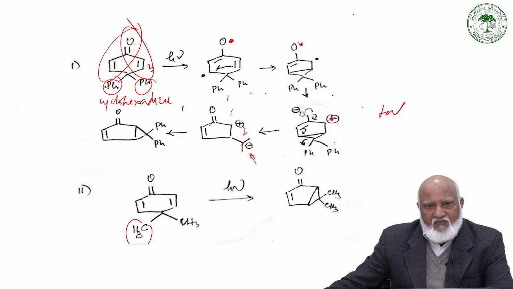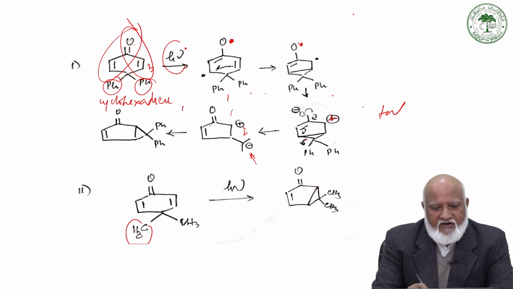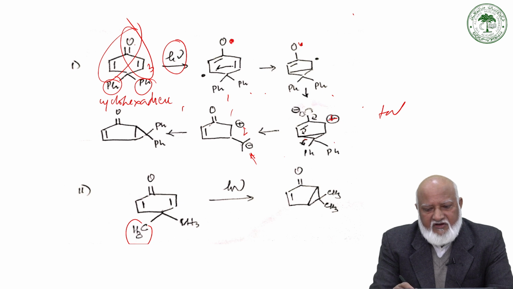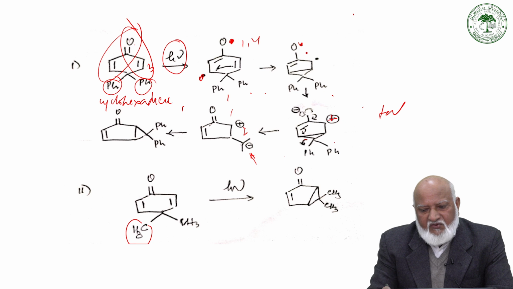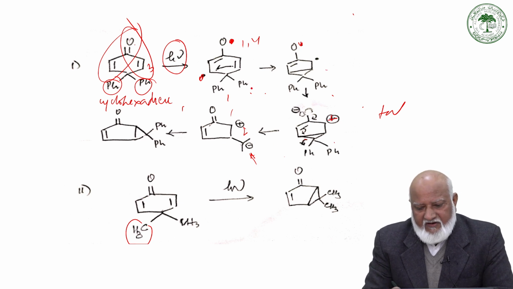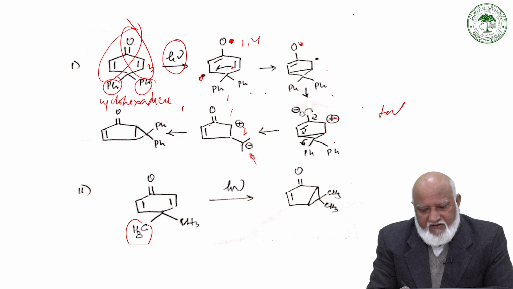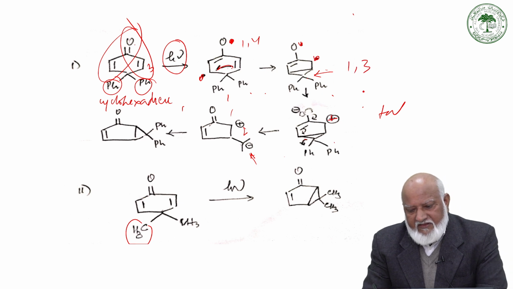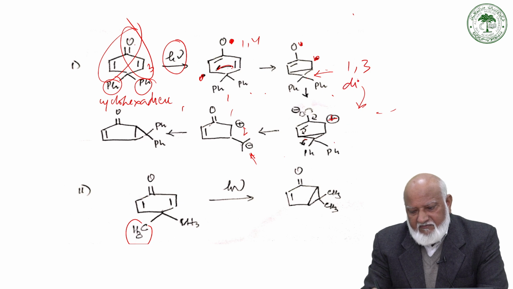Under photolytic conditions, as usual, we have the 1,2 and then 1,4 diradical, and then transforming to another diradical, or through a ring contraction there is a formation of a cyclopropyl group, and then it goes to a 1,3 diradical, and then transforms into a dipolar species.